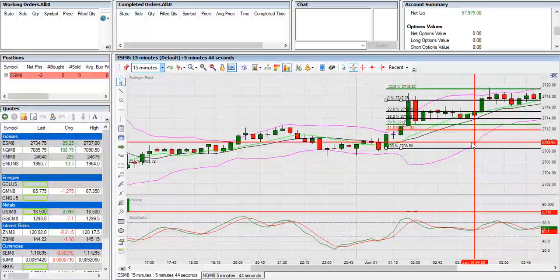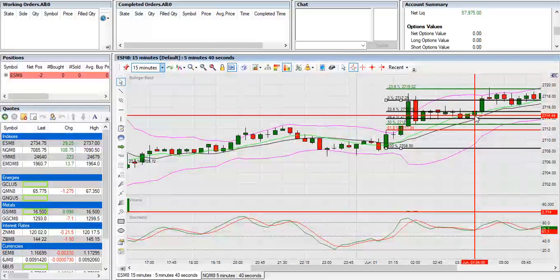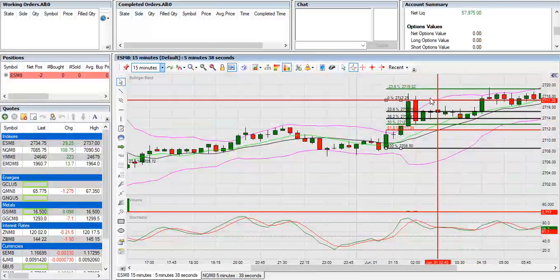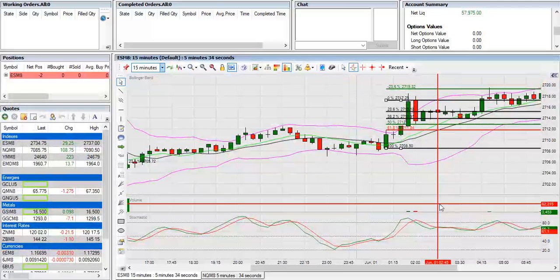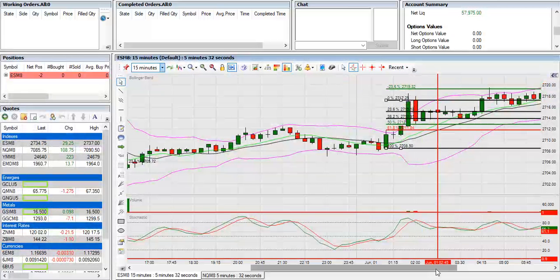So right in here on this candle, I would take a long play. And my price target is either the negative 23.6 or the negative 61.8. I like the price targets to be the negative 61.8. Fibonacci golden number is 61.8, positive or negative.